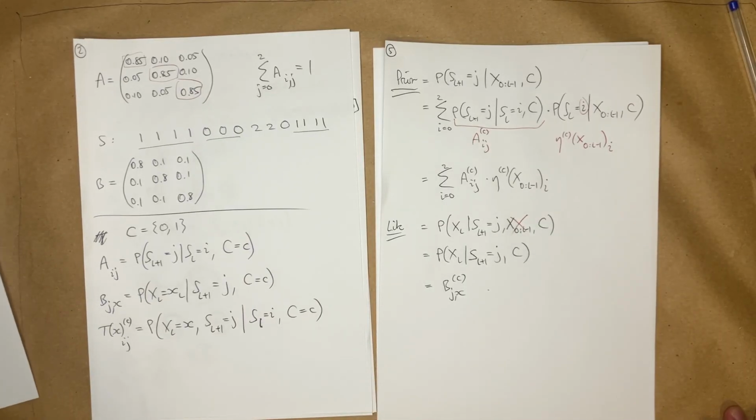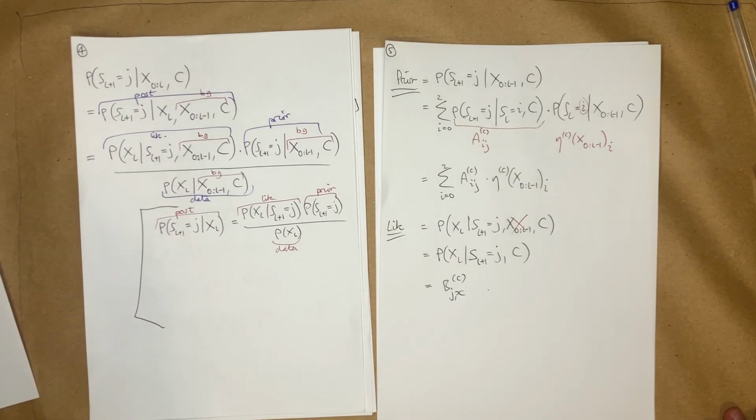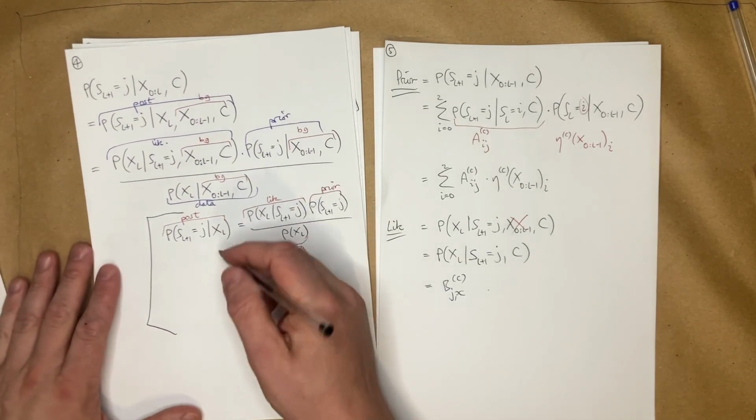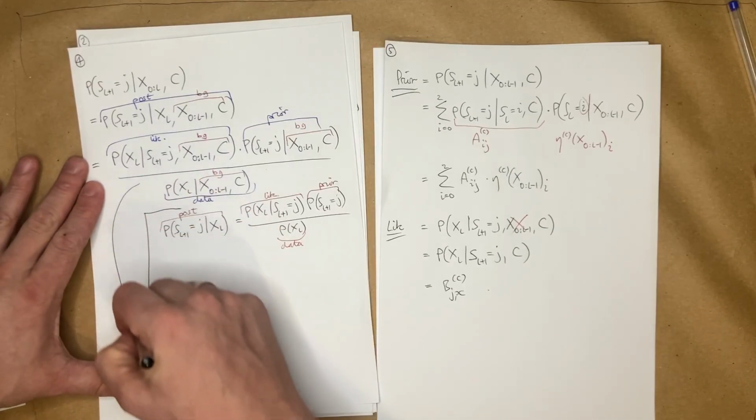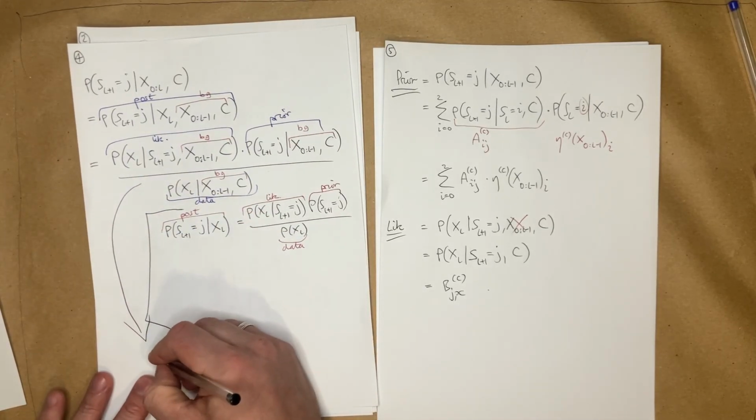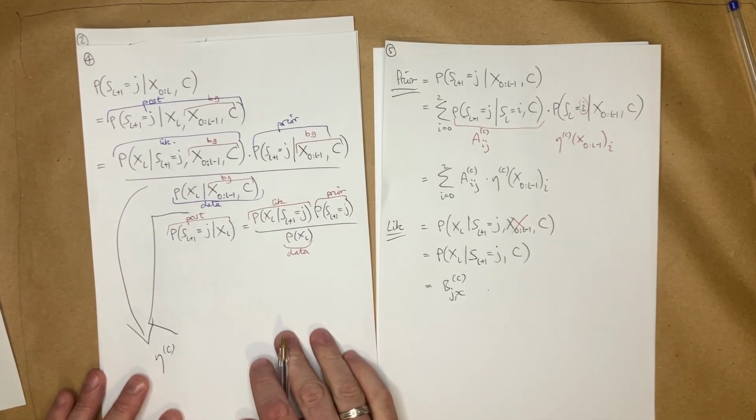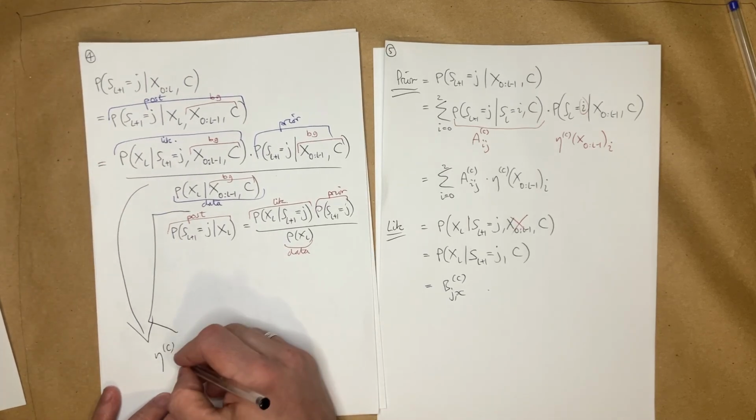Okay. So finally then, if we go back to our expression of Bayes' theorem, and by the way, this whole thing was just equal to our eta.